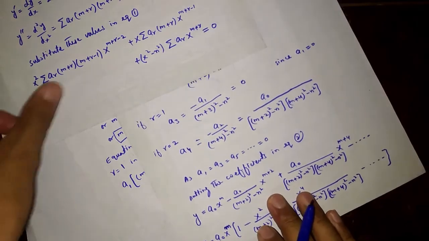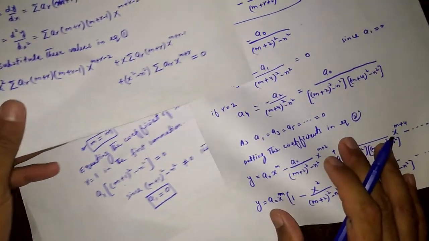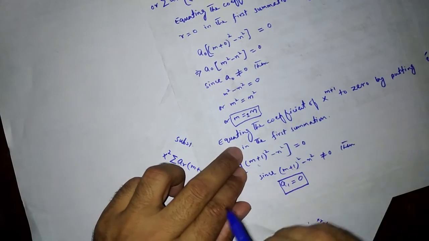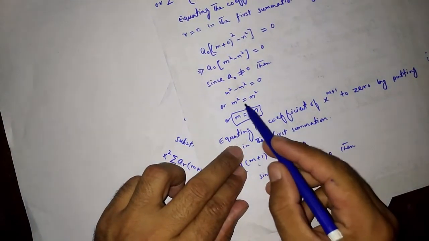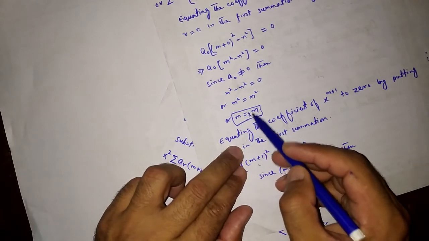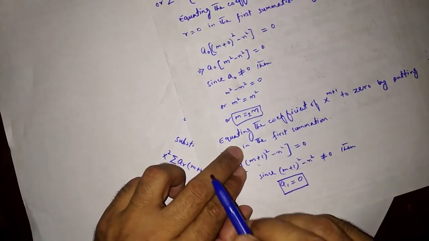But we also have to find that m is equal to plus or minus n. Clear? By taking square root of both sides, m will be equal to plus or minus n.